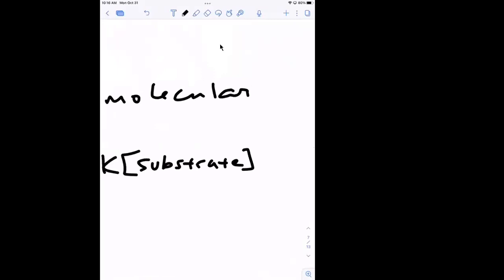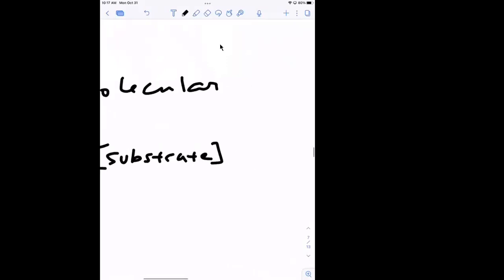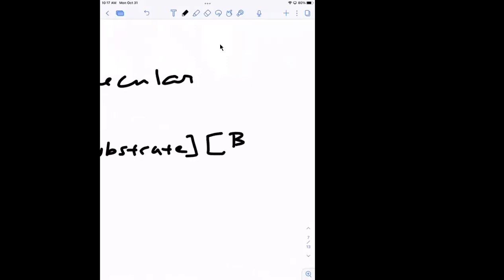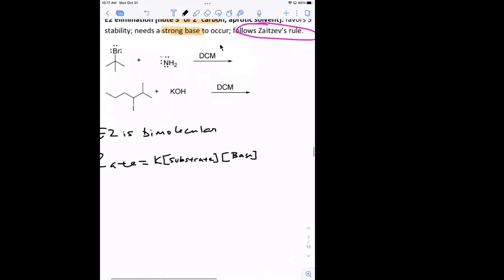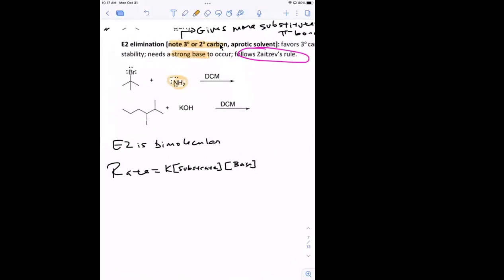So it's k times the concentration of the substrate and the concentration of the base. In this case, the base is the NH2 anion, or it would be KOH in the case of the second reaction. That's us extrapolating from something we already know. We know that SN2 is bimolecular with a second order, two-term rate law. If this is E2, then that 2 means the same thing: second order rate law, bimolecular.